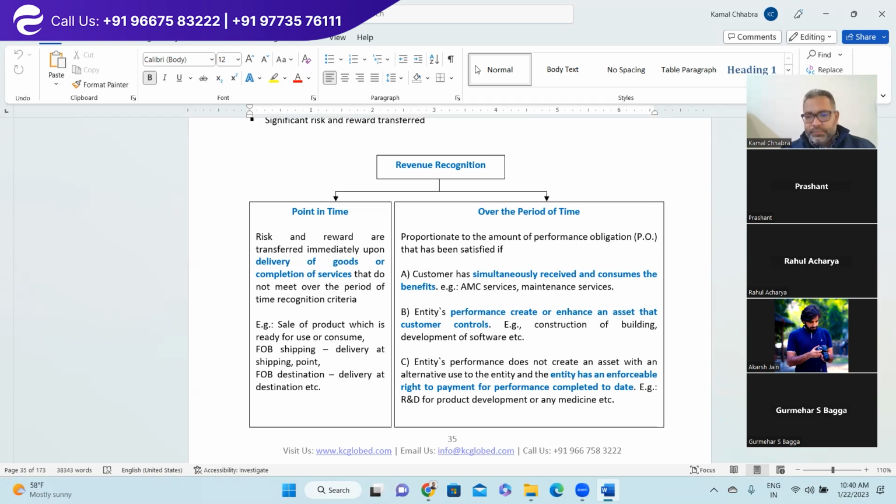But then Apollo will pay for that ambulance at once? Yes. But even then, we'll recognize over a period of time? We'll come to that. Let's say Apollo has given you an order to make 50 ambulances dedicated and specifically for them.